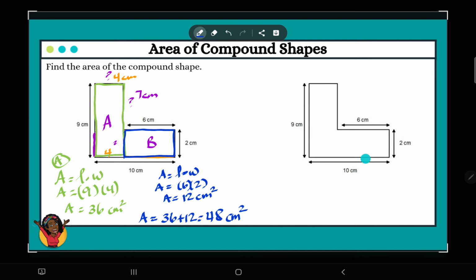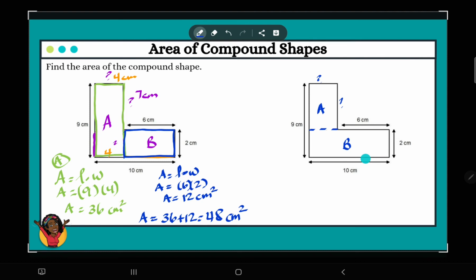Now I'm going to split it horizontally. So I can split it right here. I'm going to label this one A and this one here B. Now I'm going to use the information that I have to fill in my missing sides, which are here and up here.